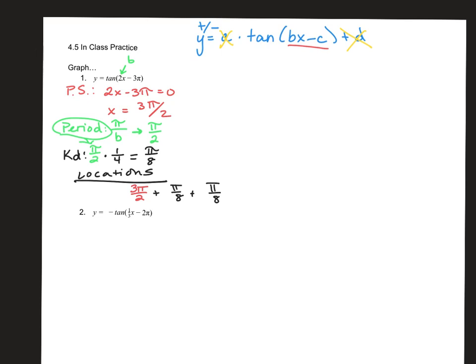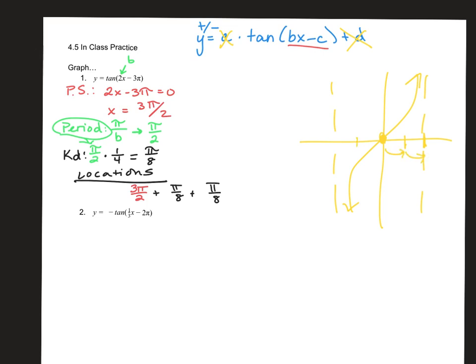I'm going to do a quick sketch here. So our tangent curve did something like this for our parent graph. It's going to take us from our intercept through to what would typically be 90 degrees. So that's our key distance.